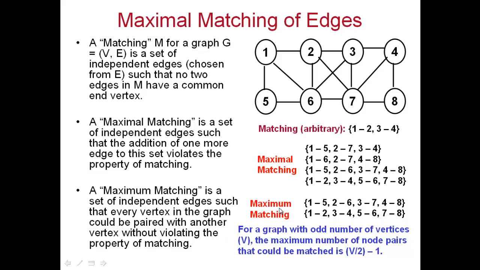So a maximum matching first of all needs to be a maximal matching, because if you add any more edge to the set, it's going to violate the property of matching. So a maximum matching is a maximal matching, but the reverse need not be true. A maximal matching need not be a maximum matching, because the first 2 cases are maximal matching, but they are not maximum matching. Whereas the last 2 are both maximal as well as maximum matching.